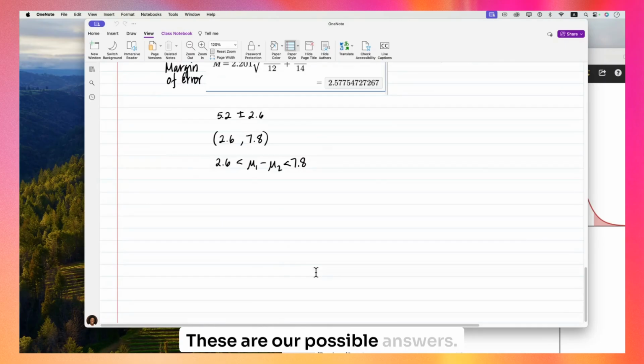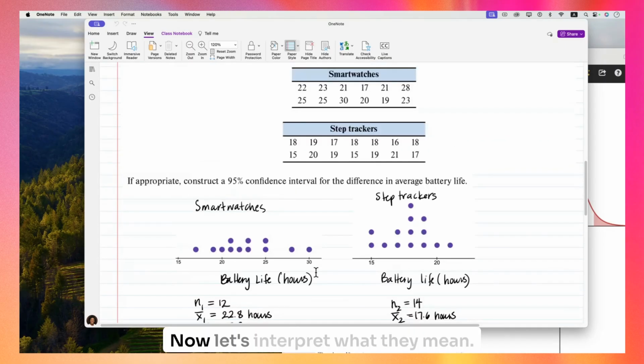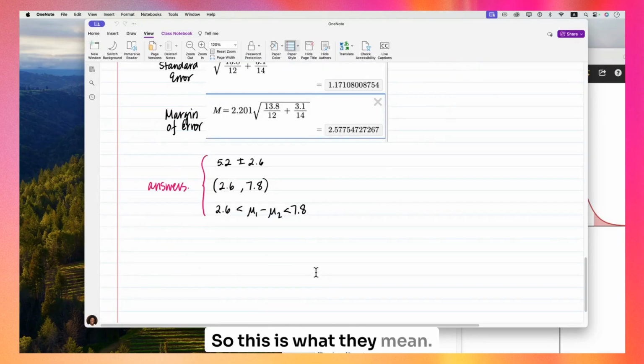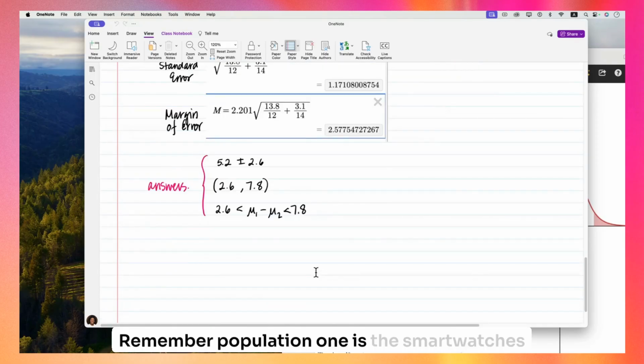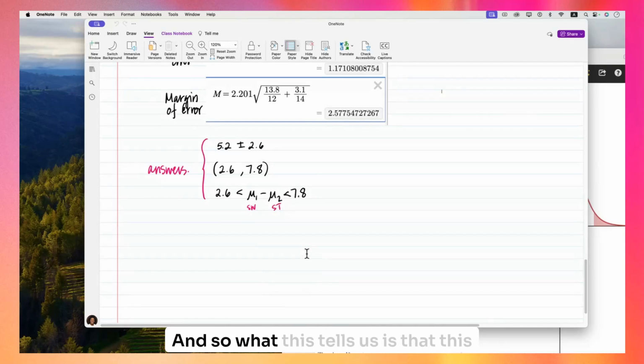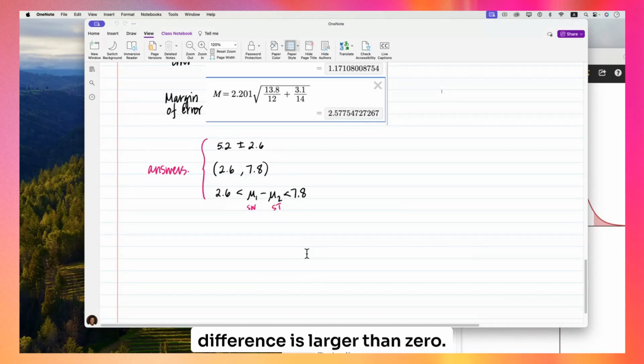And these are our possible answers. Now let's interpret what they mean. Remember, population 1 is the smartwatches, and population 2 is the step trackers. What this tells us is that this difference is larger than 0.